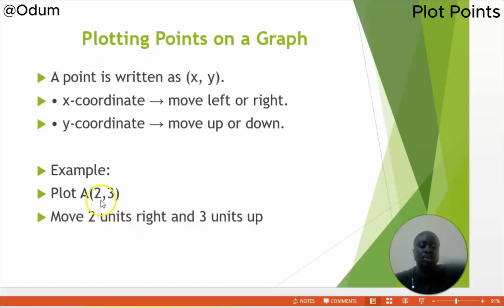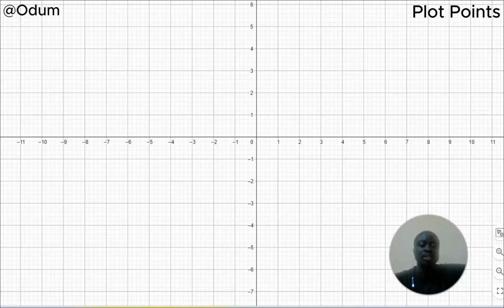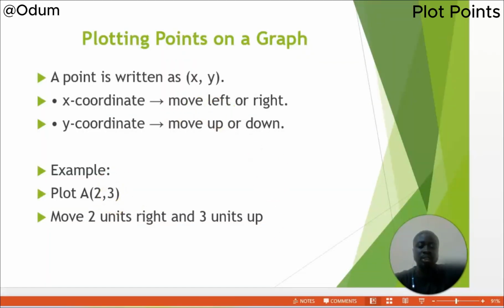Now let's see how to locate this point. Move 2 units right and 3 units up. We start at the center. Since this is the positive x-axis, at the center I move 2 units to the right. So 1, 2. Then our y coordinate is positive 3.